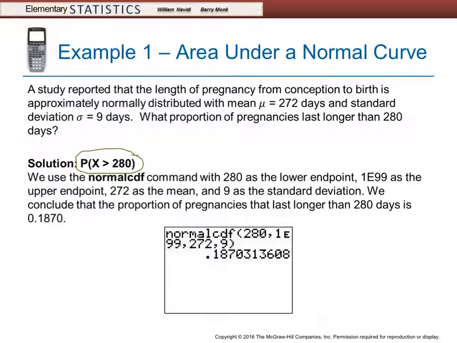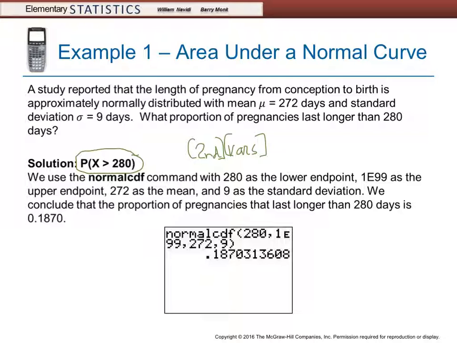And now we can use the normalcdf command under 2nd VARS. So we hit the 2nd key, and then we hit the VARS key, and then we select the normalcdf option.